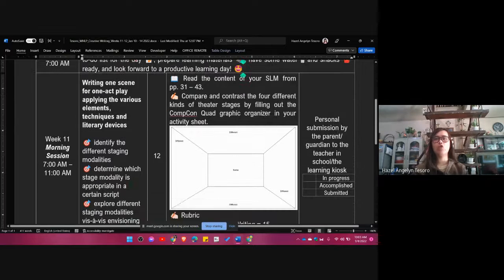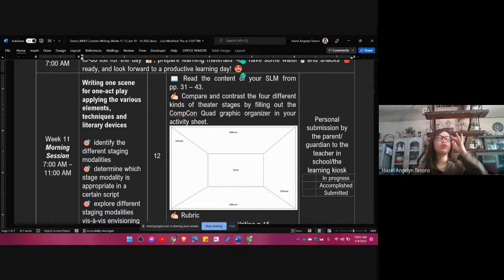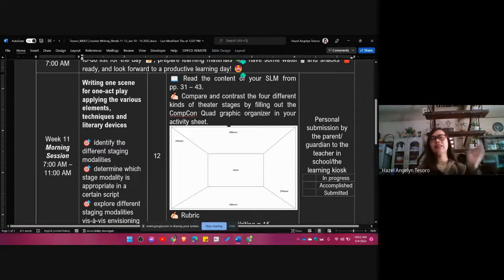So you are to compare and contrast the four different types of theater stages by filling out the Comparison-Contrast Quad Graphic Organizer in your activity sheet. Earlier in your module it was a four-circle Venn diagram, but here I did not do that because I wanted you to write a different angle of the comparison and contrast.